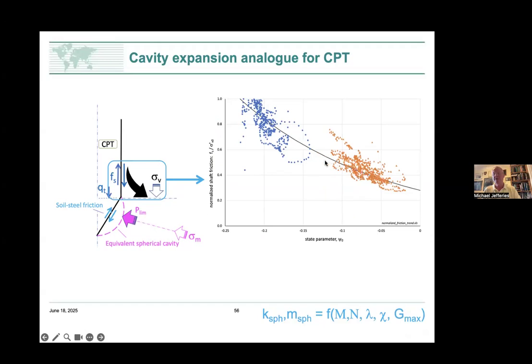That's some loose sand and that's some dense sands, but the friction is of comparable magnitude to sigma v. So that means, in effect, you see my sketch here, we have an additional confining stress in the actual CPT compared to what we have in the spherical cavity solution. So we have to get that coefficient.